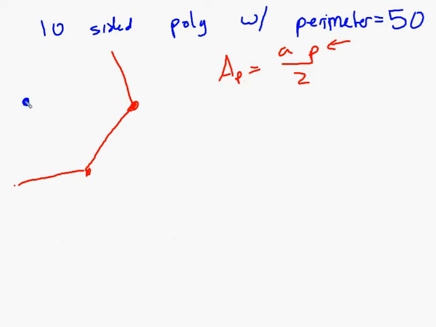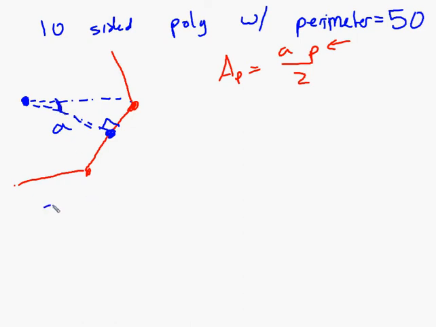So I'm going to draw my center, and I'll draw the apothem. Remember, the apothem goes from the center directly perpendicular to one of the sides, and I'll complete this triangle right here. This is A. Now I need my angle in here.